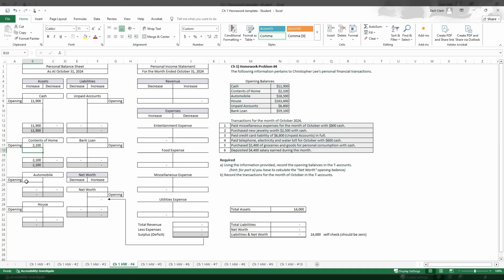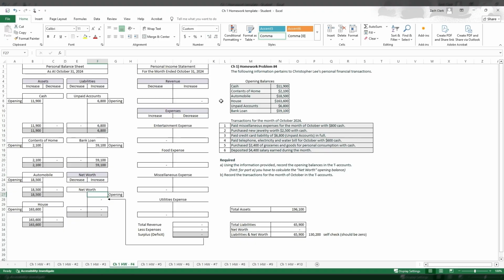Contents of home has an opening balance of 2,100. Automobile, 18,500. House, 163,600. Unpaid accounts, a liability of 6,800. Bank loan, 59,100.